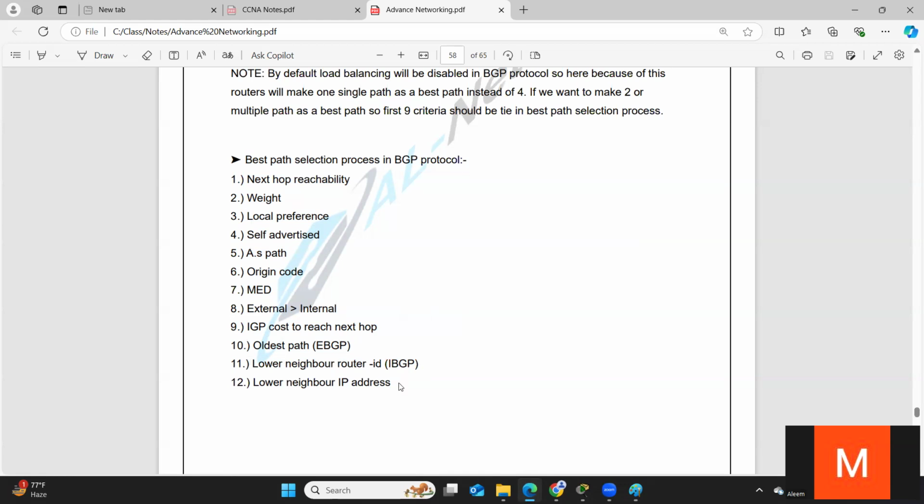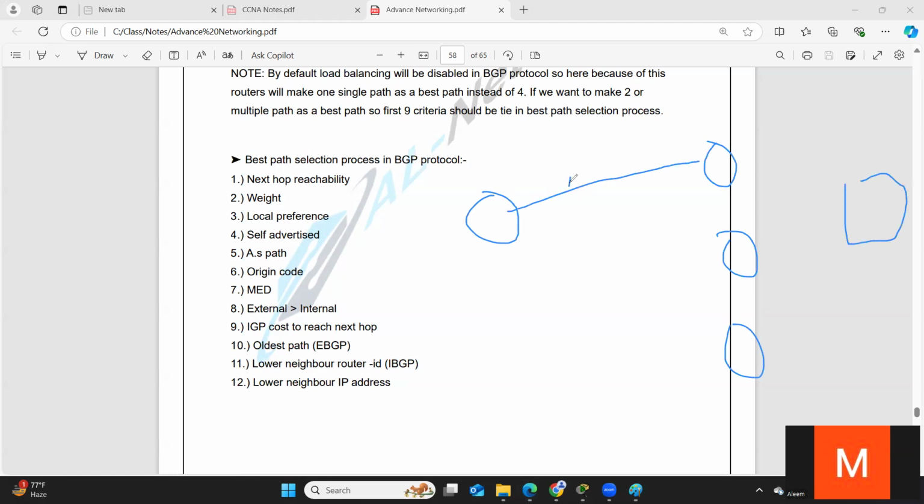If we have multiple paths from source to destination, it first checks the next hop, then moves to weight. This is the format in which they work. These are the path attributes.